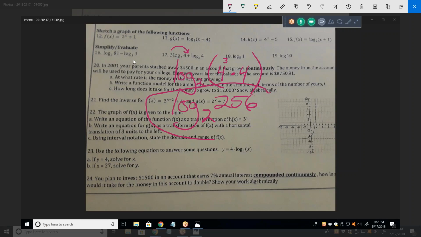Now, 2 to what power is equal to 256? I don't know. Well, I'll tell you how I always remember it. 2 to the 10th is approximately 1,000, which means 2 to the 9th is half of that, 500, so 256 must be 2 to the 8th.